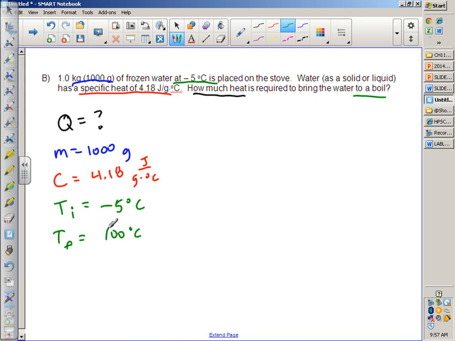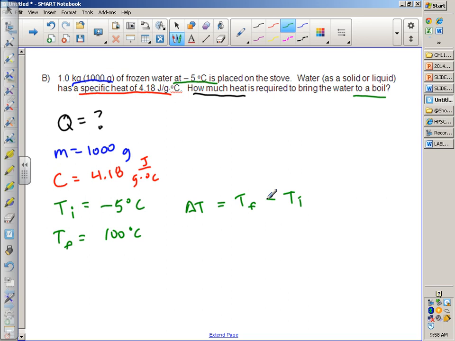Now, looking at this, you could probably figure out pretty quickly that the change in the temperature is going to be 105, okay? But, like we talked about before, the math needs to support that, right? So, when we calculate the change in anything, we always go T final minus T initial, or whatever we ended up with, minus where we started, okay?